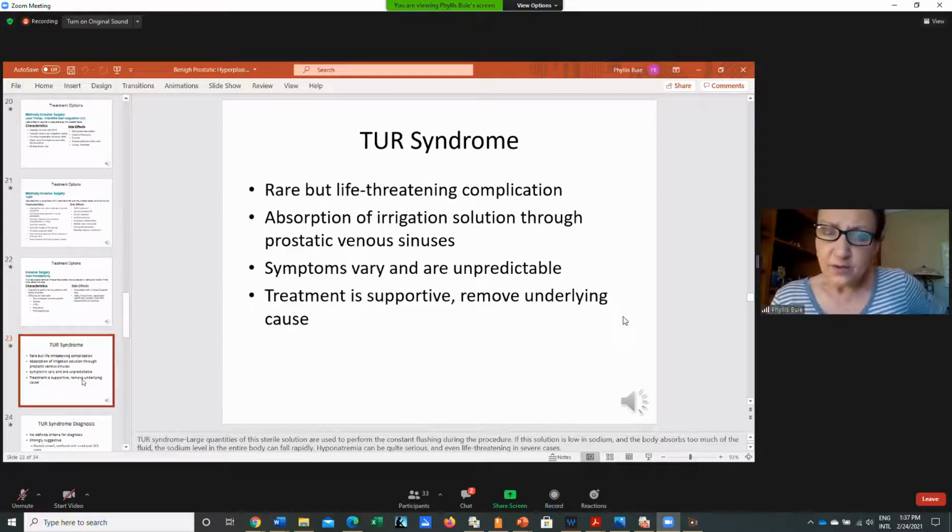Now, one other thing that we need to make absolutely sure when we're taking care of these TURP patients that are having bladder irrigations, you want to make sure that they continue to put out urine too.